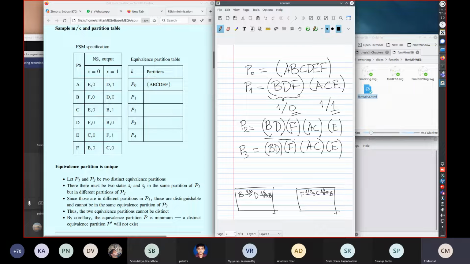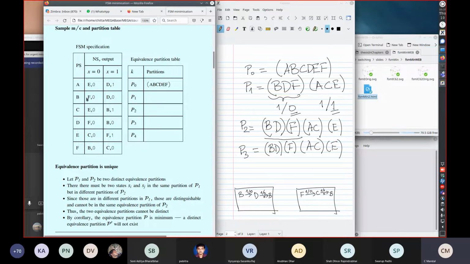I need not have done that. So if I had just looked at these partitions, AC and E, let me do it in a different color. So AC and E.